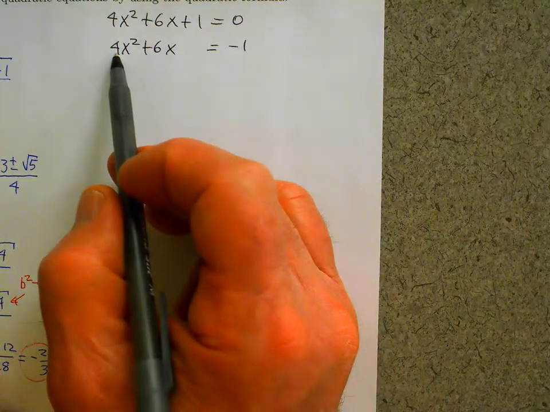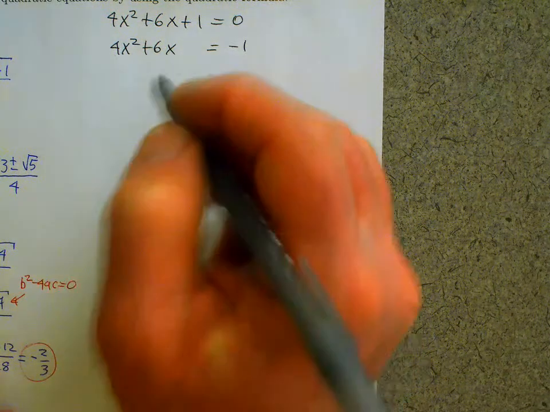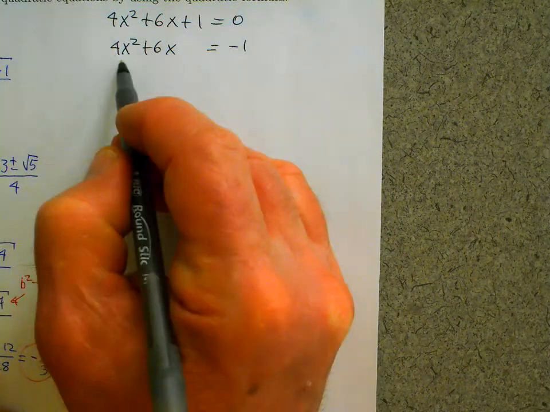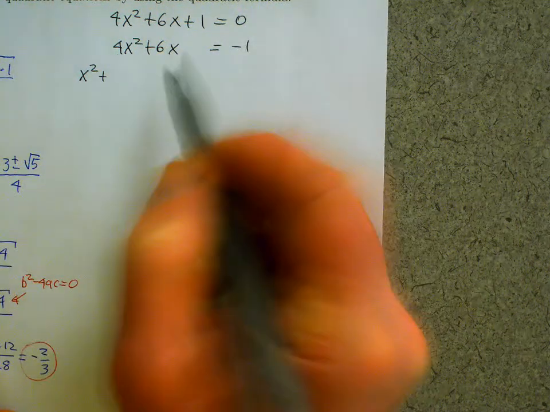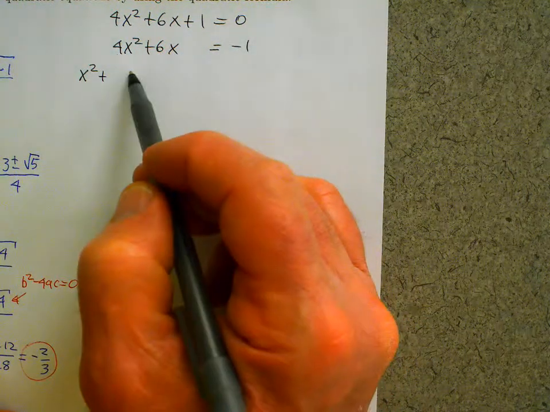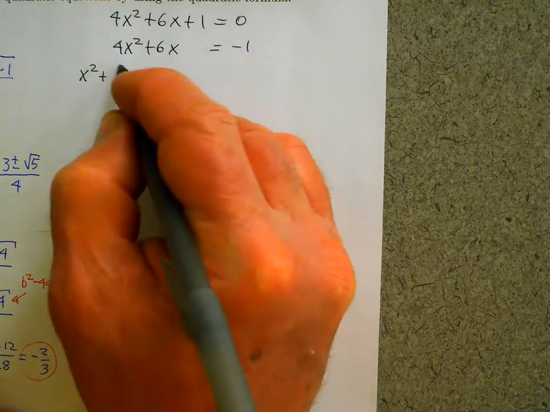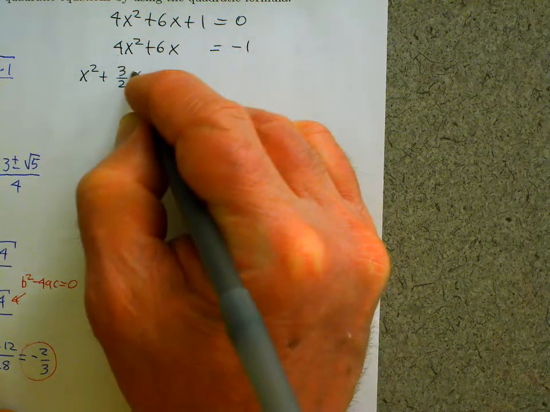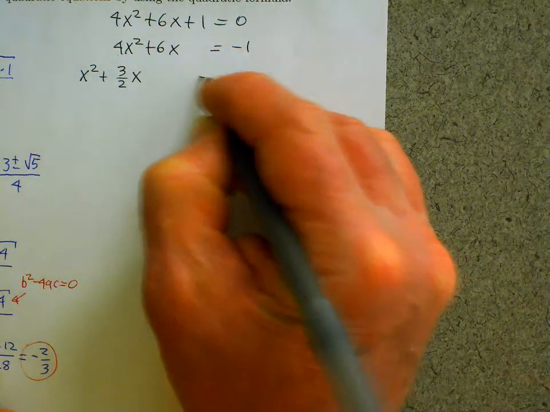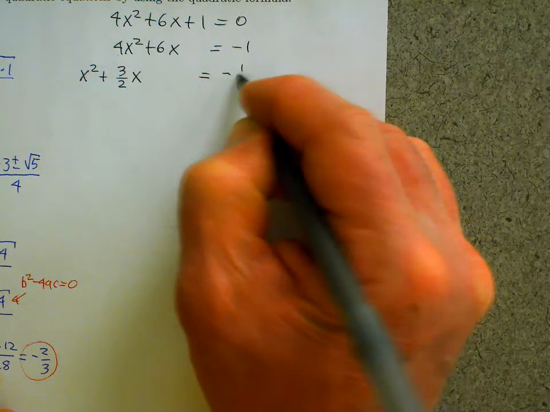Then we're going to divide every term on both sides of the equation by 4. So 4x squared divided by 4 is x squared. 6x divided by 4 is 6 over 4 times x, or in lowest terms, 3/2 times x. And then divide negative 1 by 4, so we get negative 1/4.